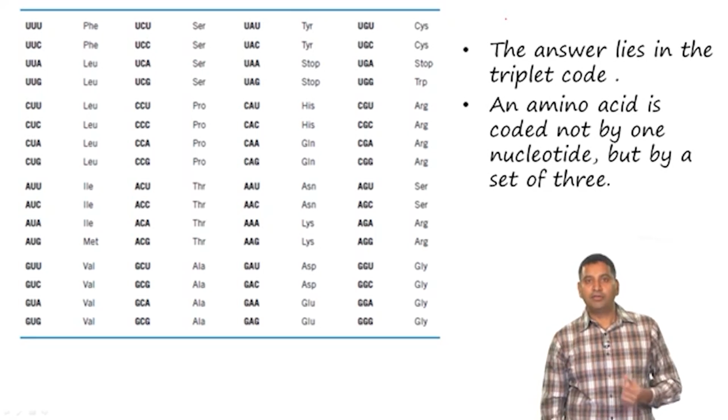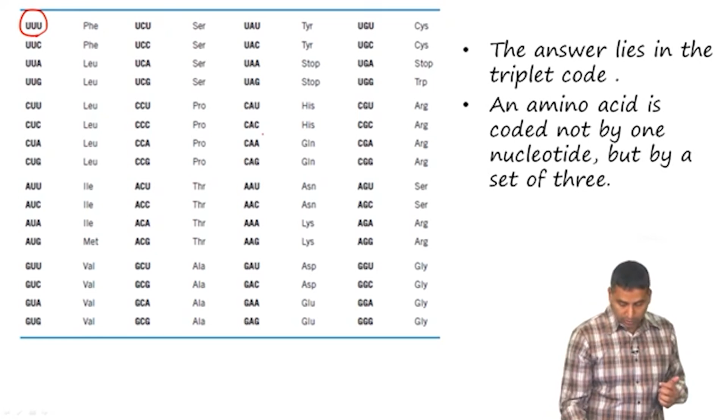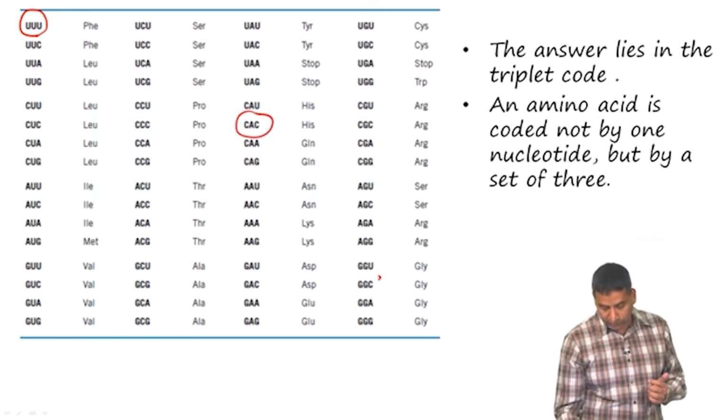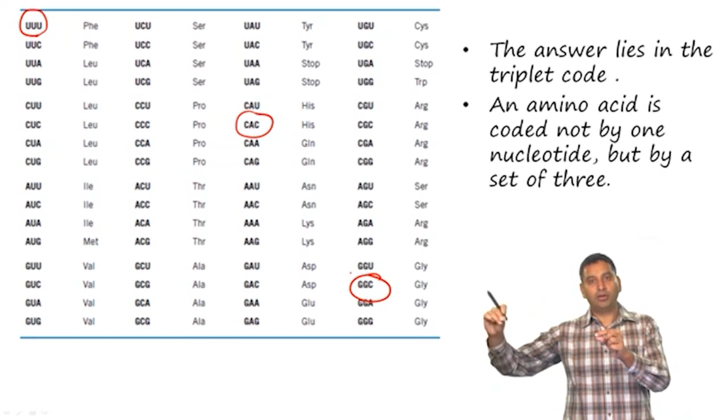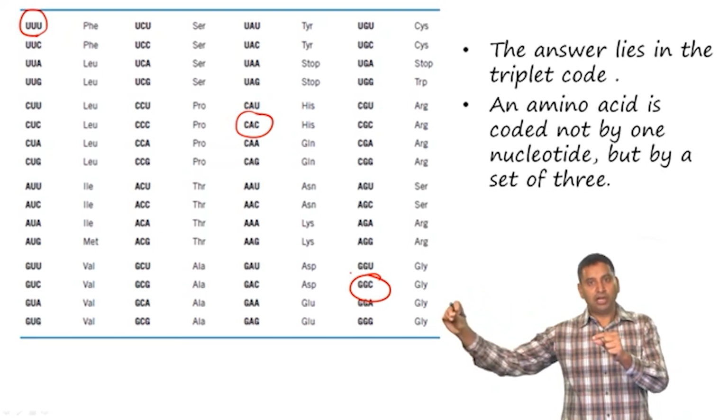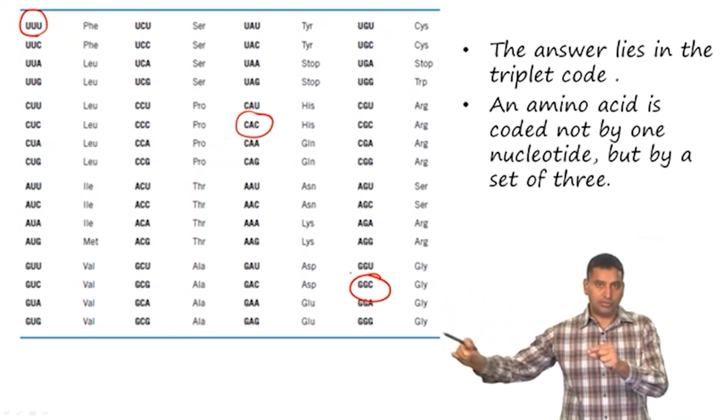So, once you have these 3 bases such as UUU or CAC or GGC and so on, each of these codes is going to code for a single amino acid, one or more amino acids.